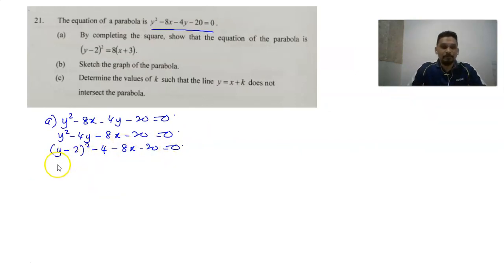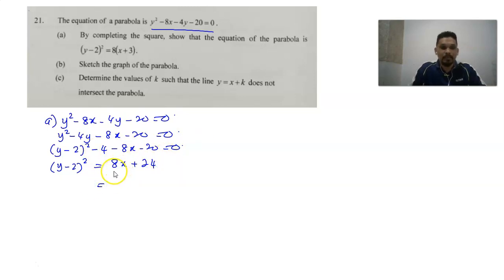Okay, so then (y minus 2) squared equals negative 8x brought to this side becoming positive 8x, and negative 20 minus 4, negative 24, brought to this side becoming positive 24.